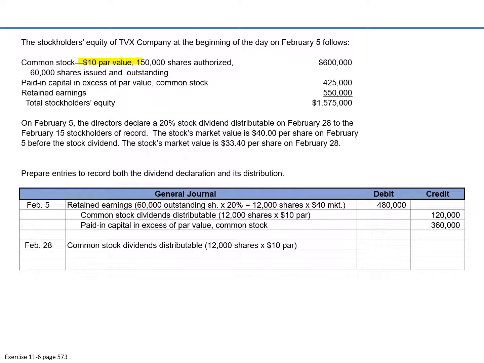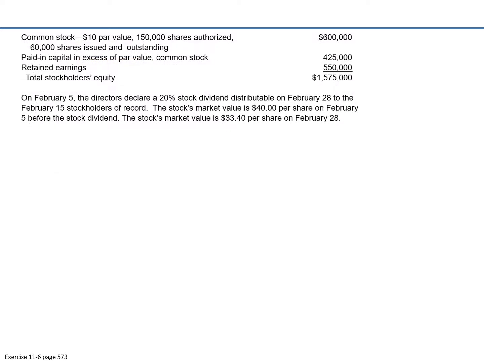We're going to reduce our liability account by that 120,000, and we're going to increase our common stock for the additional 12,000 shares that we issued at the $10 par, 120,000.